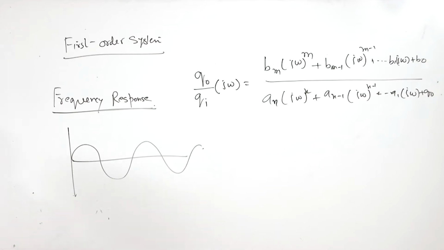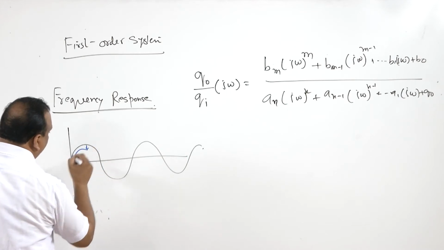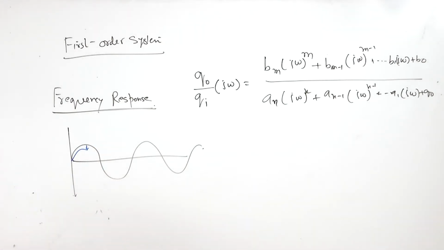Once we have sine input, the output amplitude is normally not more than the input amplitude. Amplitude reflects the energy of the wave, so output amplitude is always less than input amplitude. That is one thing. The second thing is phase.